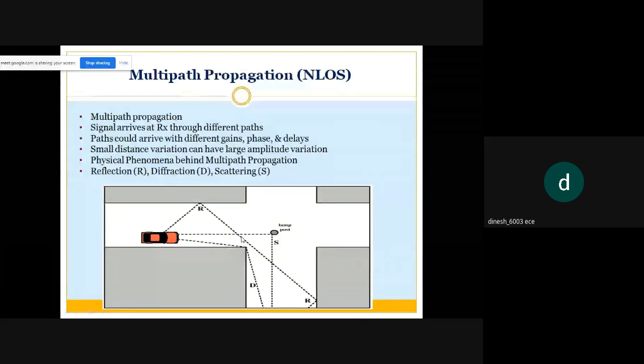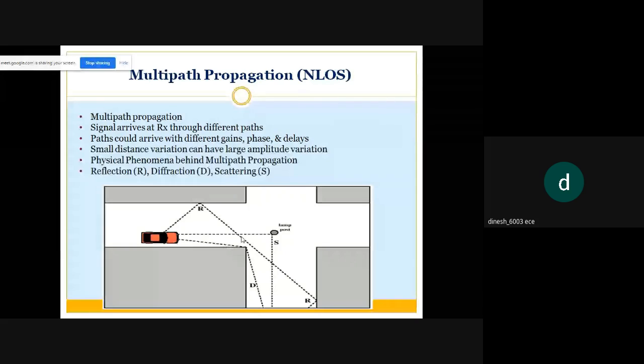The receiver, your car, receives signals from a transmitter through different paths. So the paths could arrive with different gains. If there are different paths, obviously different phases and different delays. So even a small distance variation will have large amplitude variations. This is the physical phenomenon behind multipath propagation. So R is your reflection, D is your diffraction, and S is your scattering, as shown in this example.